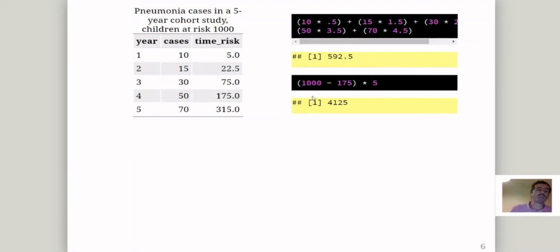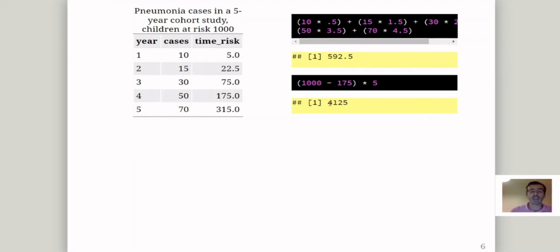So we still have to sum up the contribution of the kids who were not developing any symptoms of asthma during this study. So we have at the beginning 1,000, and then we subtract 175, which was the sum of all the cases we had, and that's going to be multiplied by the 5 years they were exposed.